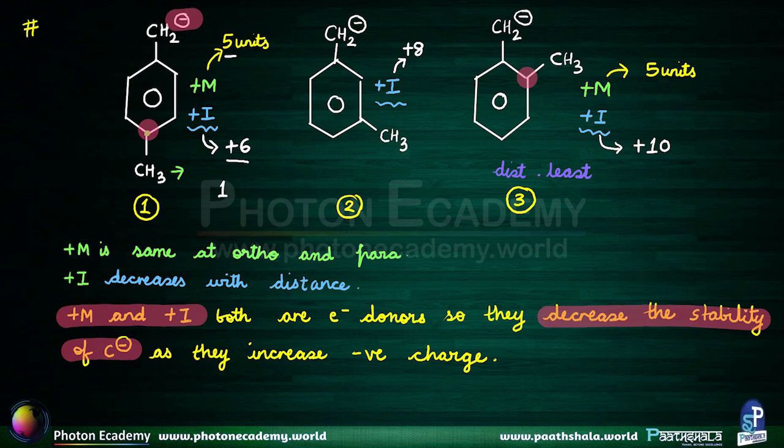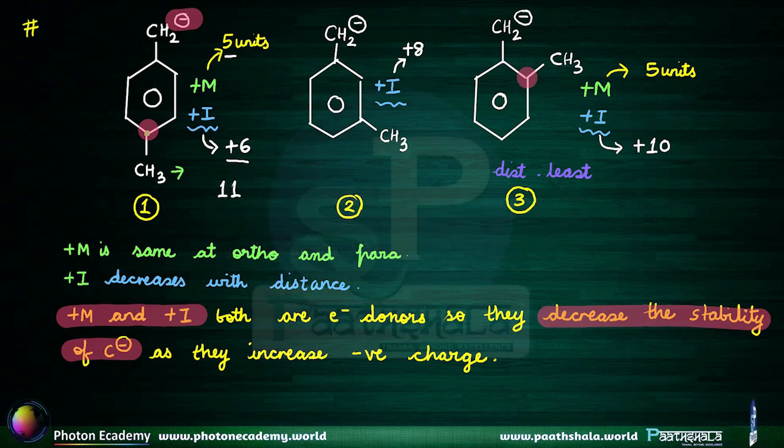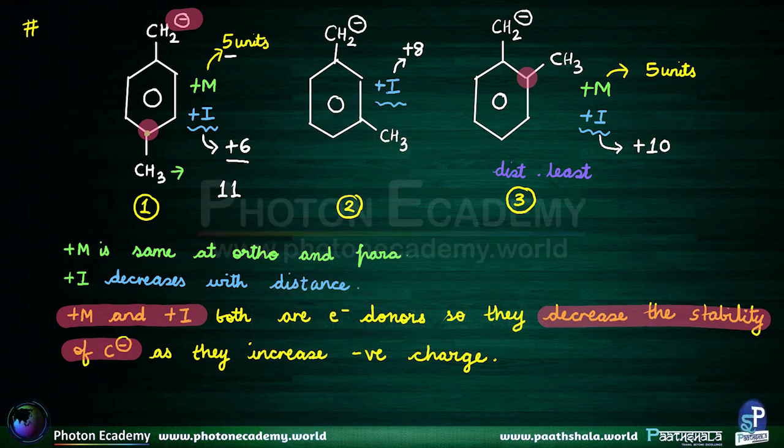This is all hypothetical, not the actual charge, but I'm considering it so that I can understand. So 11 is contributing electrons to this and making it more unstable. This has a contribution of 8 and this has a contribution of 15. So maximum destabilization is going to be caused by this third one.